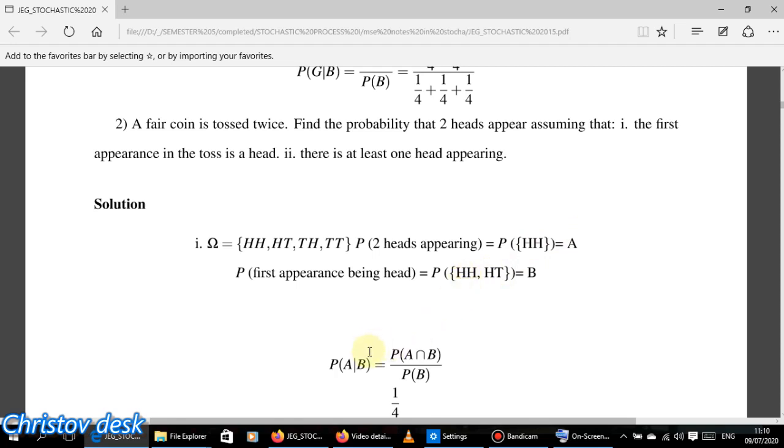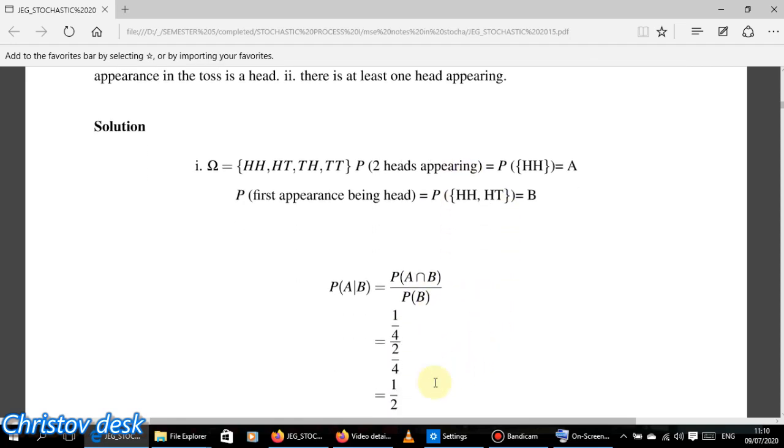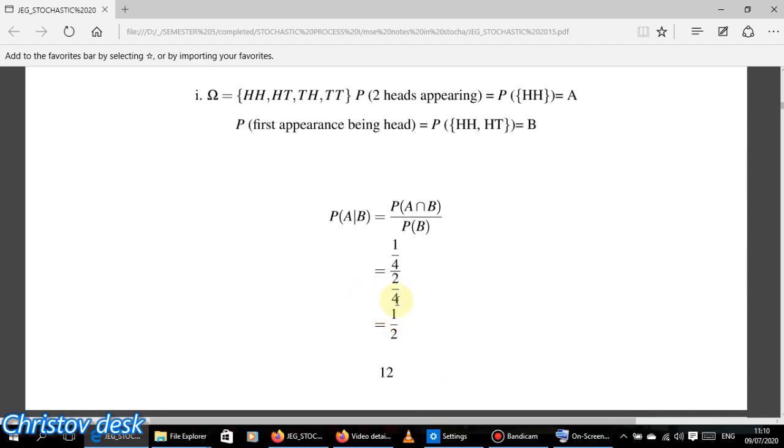Remember, HH is coming from the sample space where each element has a probability of 1/4. So the probability of HH is 1/4. The probability of B, HH and HT, is 1/4 plus 1/4, which is 2/4, and that gives you 1/2.